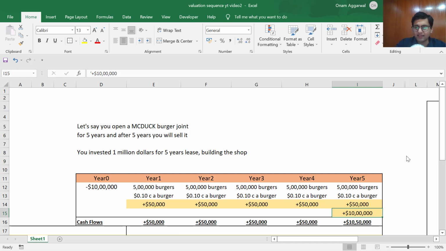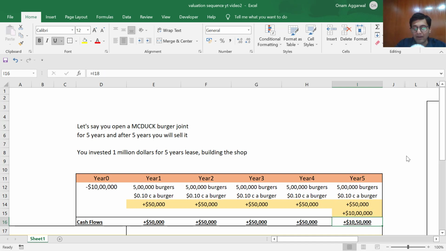Now, this is what we exactly call your expected cash flows. So for year 1, your expected cash flows is $50,000. For year 2, again 50, year 3 50, year 4 50, and year 5, you have your $50,000, and because you have sold the burger joint, you get $1 million.